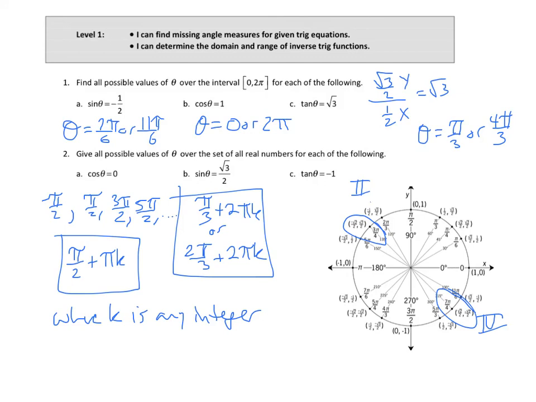So 3 pi over 4, if I add a half circle to that, I get 7 pi over 4. If I add a half circle to that, I get an angle coterminal with 3 pi over 4, and if I add a half circle to that, I get another one. So I can add any number of half circles to this, so I'm going to say plus pi, because that's a half circle, times k, where k is any integer.